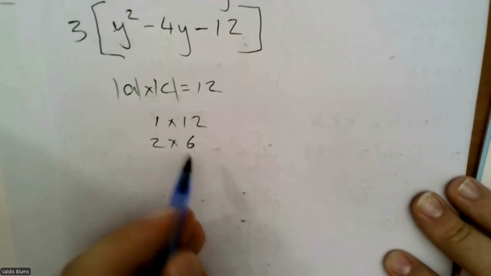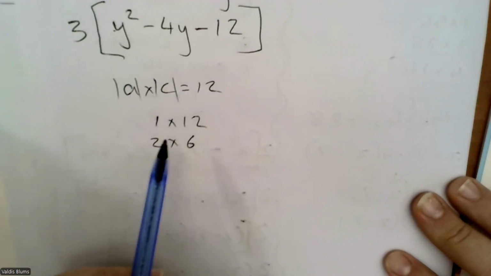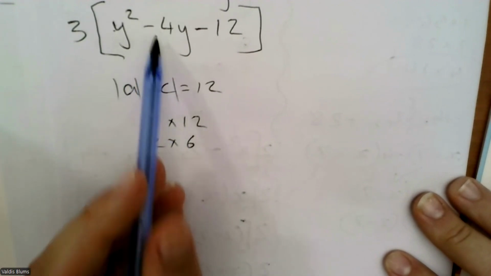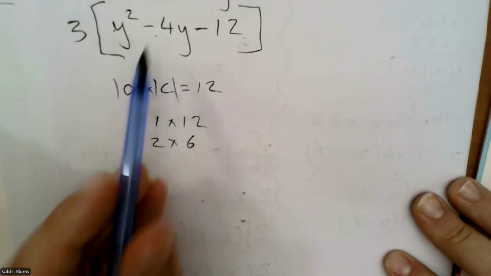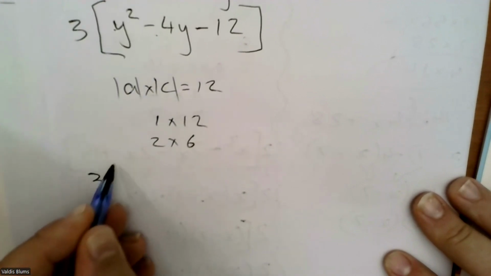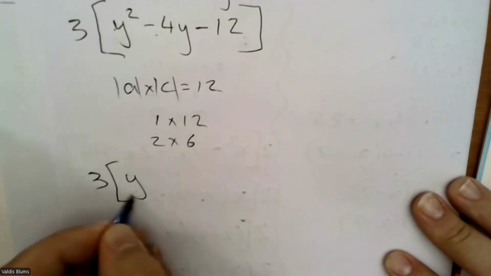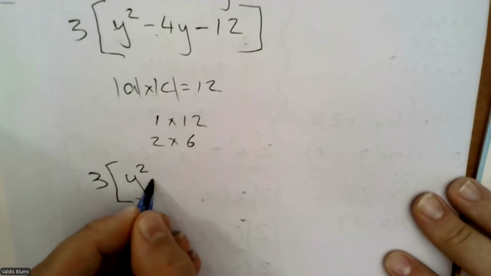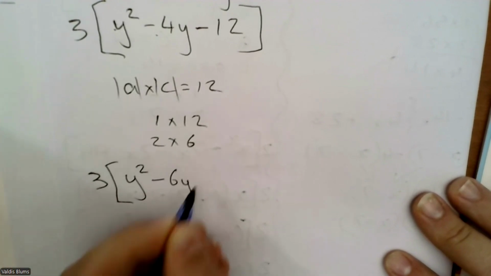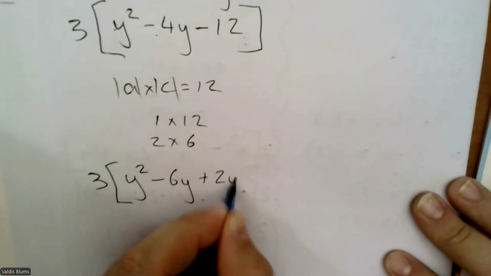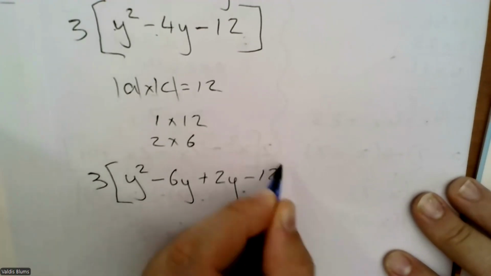So we could break up 4 as negative 6, positive 2, because we want it to be still a negative number. So the larger number will hold the negative. So rewriting this and then decomposing the middle term into negative 6y plus 2y minus 12.